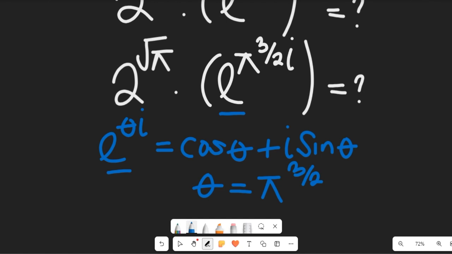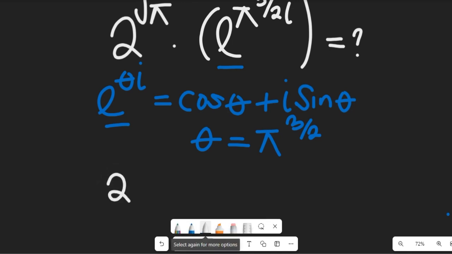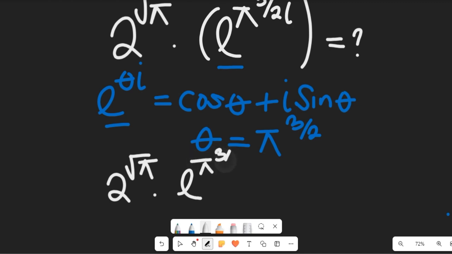So from that, the expression will now become 2 multiplied by the square root of pi, multiplying the exponent value of pi to the power of 3 divided by 2j.